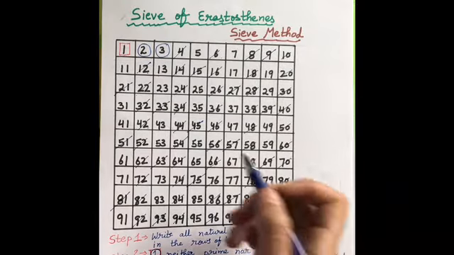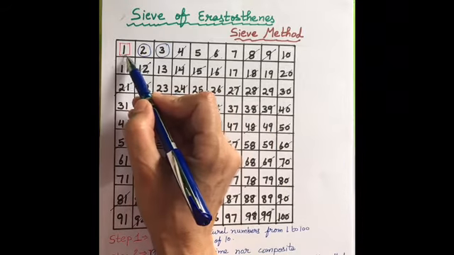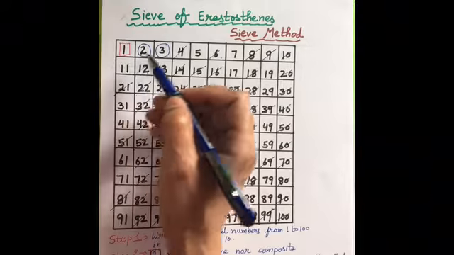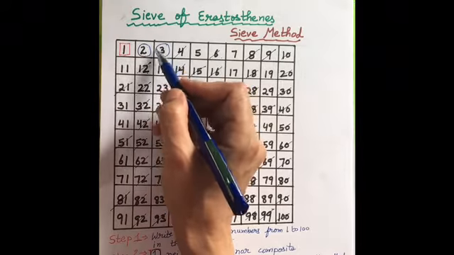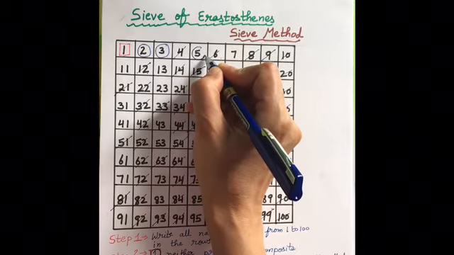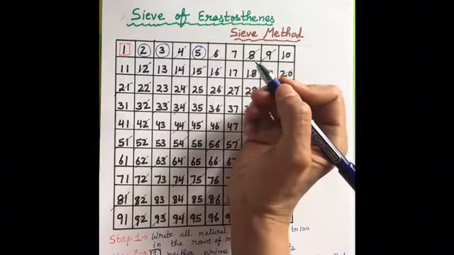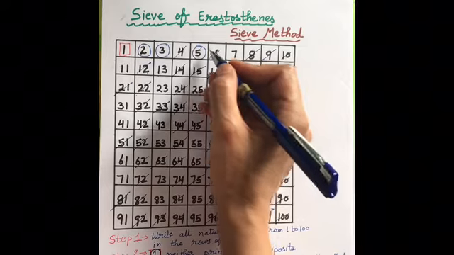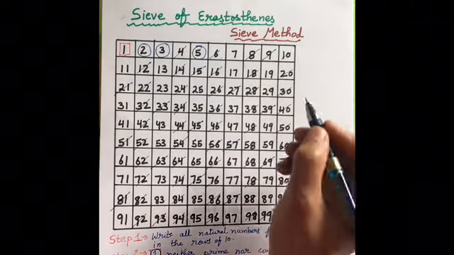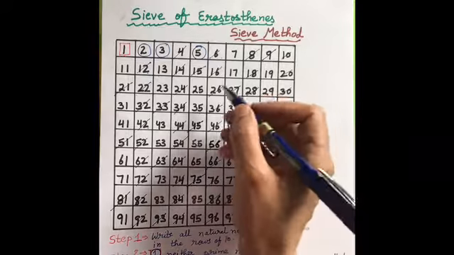So what we have done: first we have taken 1. 1 is not a prime number, not a composite number. Then 2, 3, and the next prime number is 5. So I have encircled 5 and struck out all the multiples of 5.